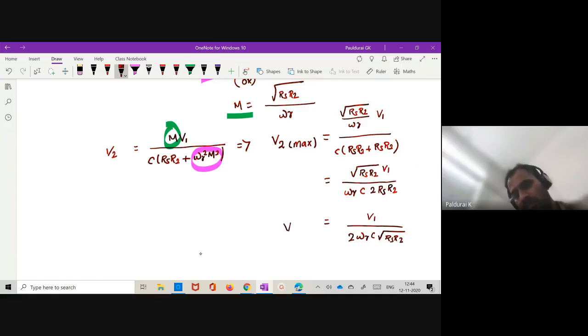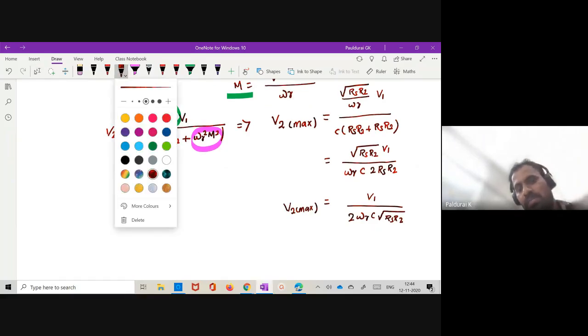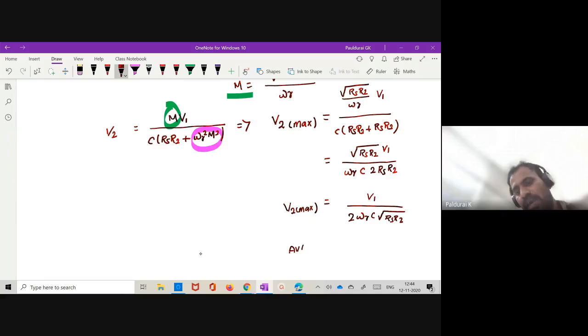This is my maximum voltage gain. Similarly, this is the maximum output voltage, and the maximum voltage gain AV max is given by V2 max divided by V1, so it will give you 1 divided by 2 omega RC square root of Rs R2.